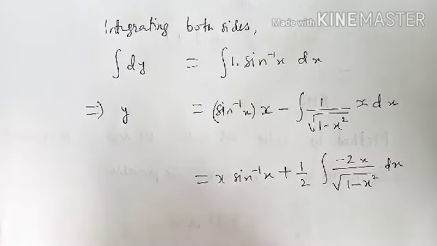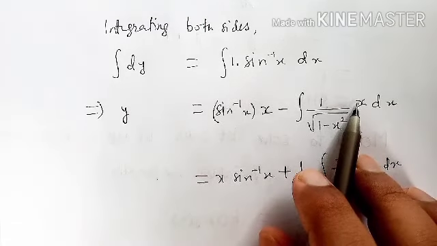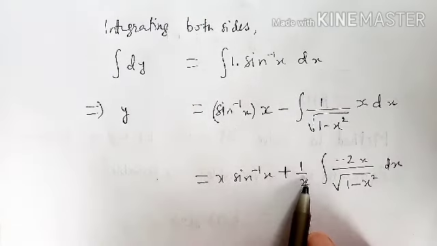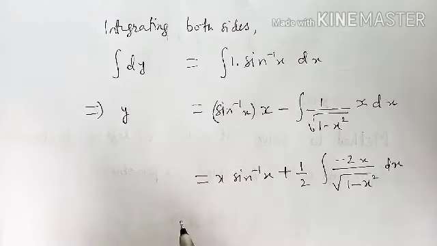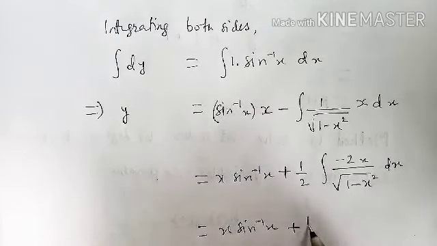We can see this minus goes to here. I have multiplied numerator with 2 and the denominator with 2. So this becomes x sin inverse x plus 1 by 2.